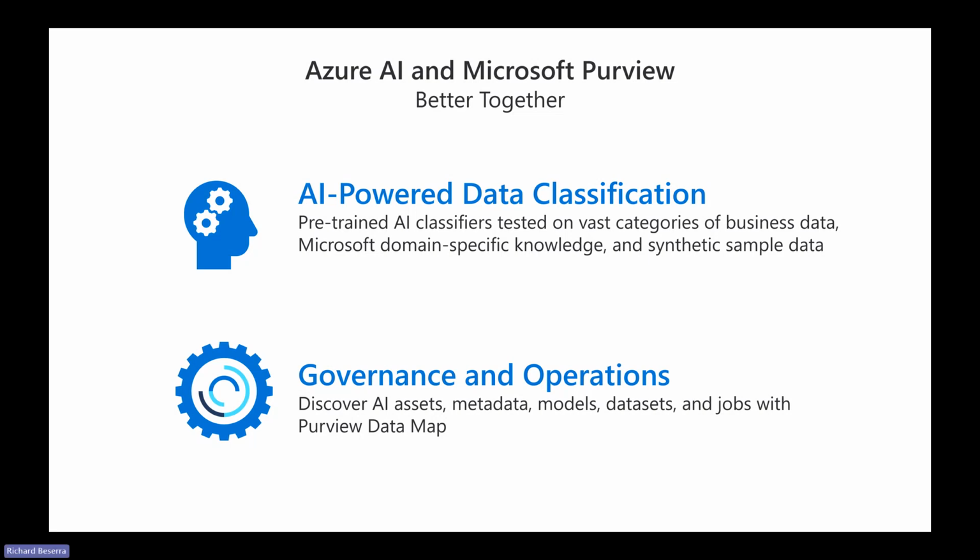That leads us into governance and operations below. This has to do with the Purview data map. So if you are working with your own AI development, if you've purchased Azure OpenAI for government and you have somebody developing assets to build their own model, to build their own large language model or their own AI algorithm, that takes a lot of assets.